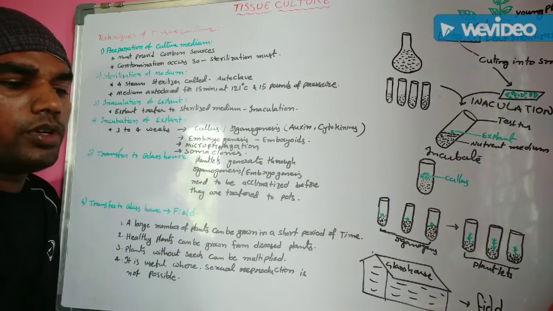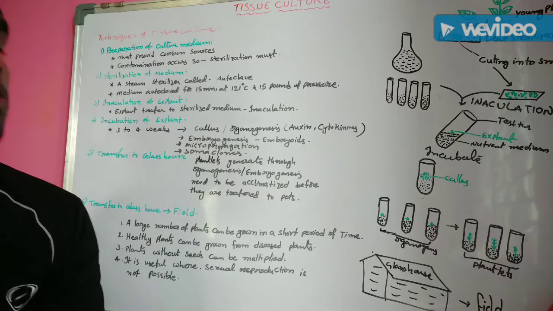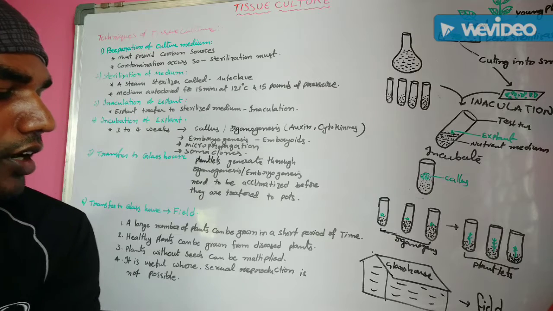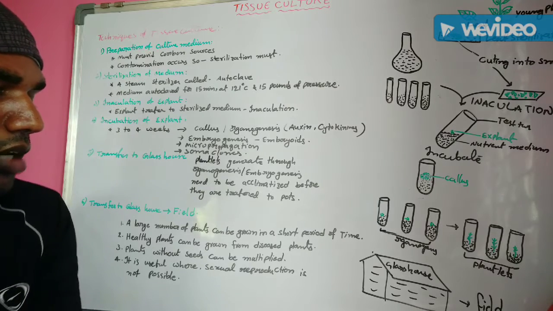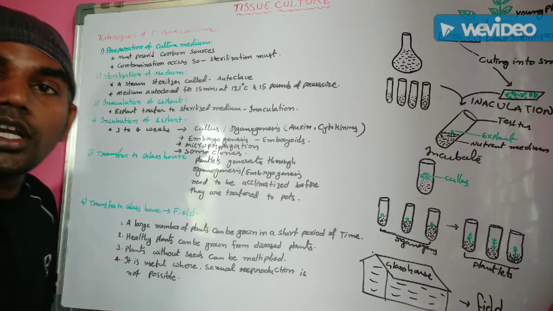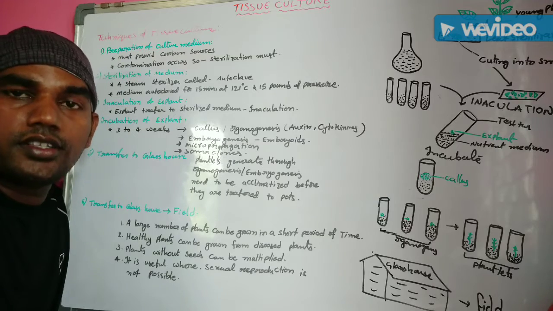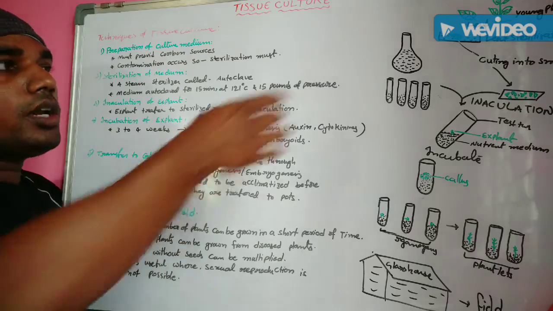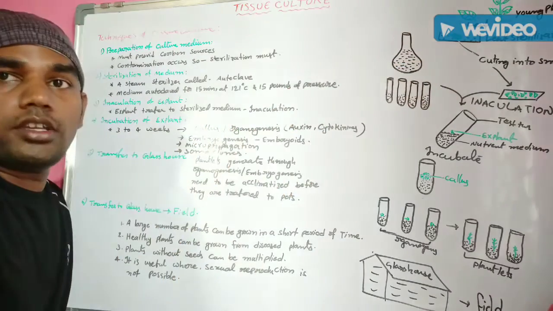What type of carbon sources? Sucrose, inorganic salts, vitamins, amino acids, and growth regulators like auxins and cytokinins.